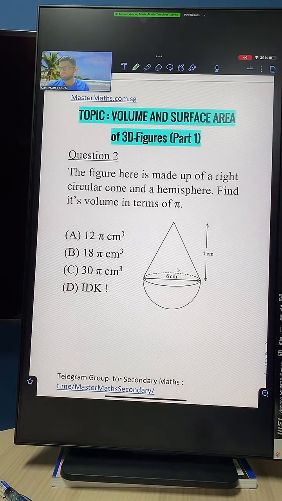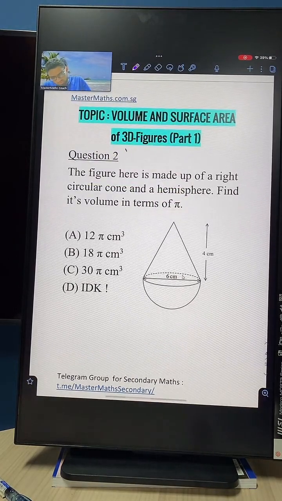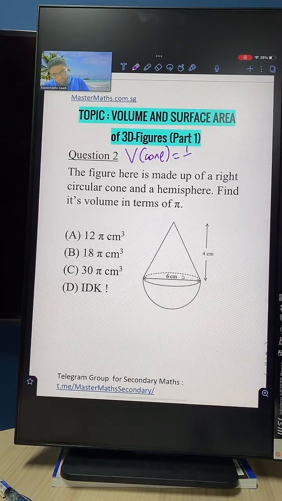Now, in order to find the total volume, you need to know the radius of the cone. Why do you need that? My friends, volume of a cone is 1/3 times the base area, which is pi r squared, times the height.